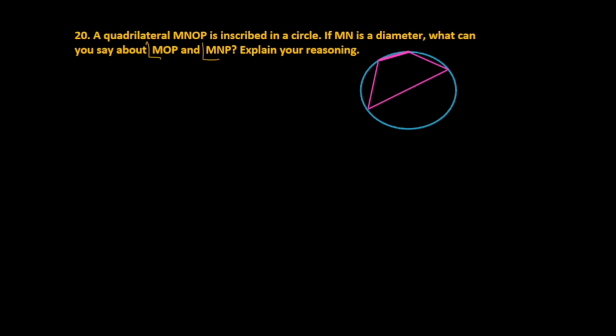So, taking the quadrilateral MNOP, here is a very important given condition: one side of the quadrilateral, MN, is a diameter of the circle.